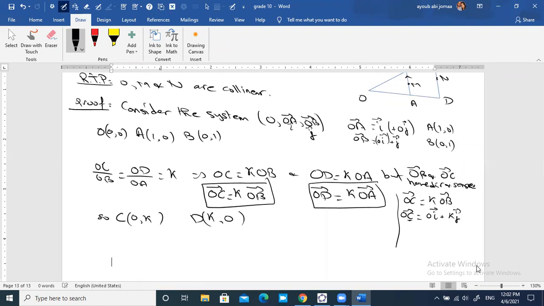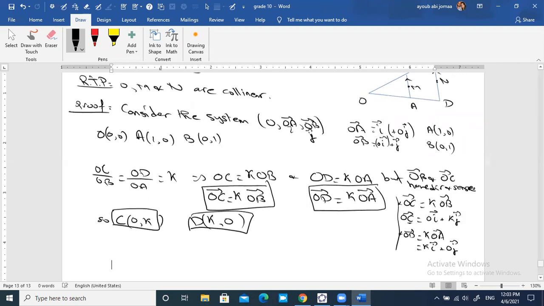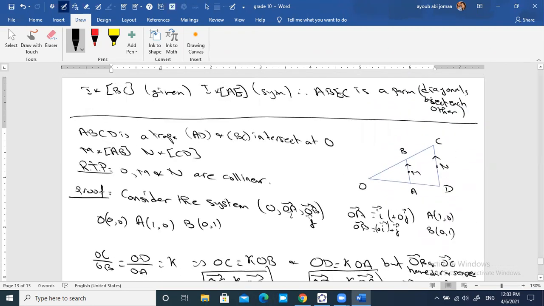It means that point C has coordinates 0, K. And similarly for OD, when you write OD is equal to KOA, it's KI plus 0J. So the coordinates of point D will be K, 0, where K is a constant. I don't know what it is and I don't need to know. Now you have the coordinates of O, A, B, C, and D.